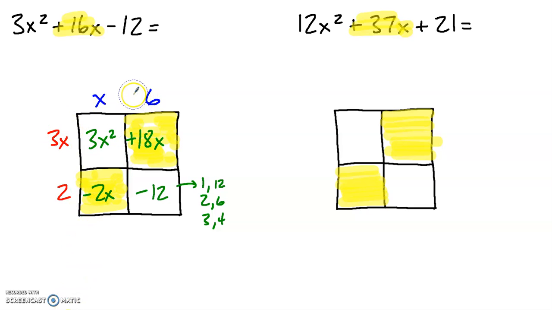So 3x times positive 6 is positive 18x, and x times negative 2 is negative 2x. So I think we found the numbers we need. Essentially, this is just a puzzle to solve. You're finding the correct pieces to put in place to make the square say exactly what your original trinomial said. My two factors here are 3x minus 2 and x plus 6.